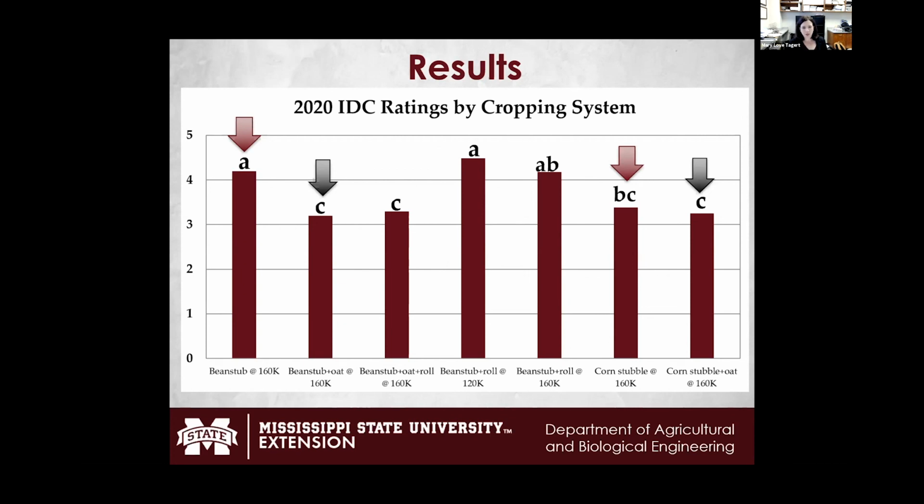So in 2020, these 2 cropping systems right here that say corn stubble were not. They were actually planted into soybean stubble. So for 2020, the 2 cropping systems that have the maroon arrows right here are essentially the same cropping system in 2020. And then the 2 plots with the gray arrow are essentially the same for 2020, although that gets a little more complicated in the next few slides.